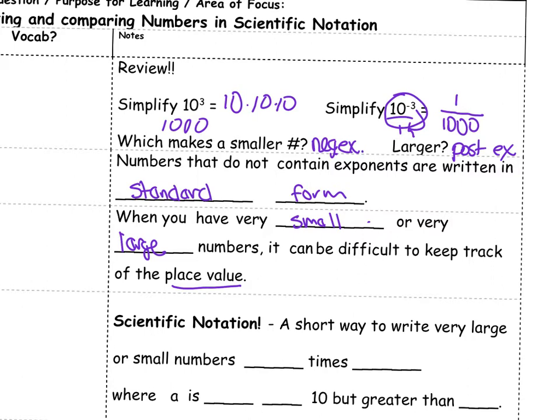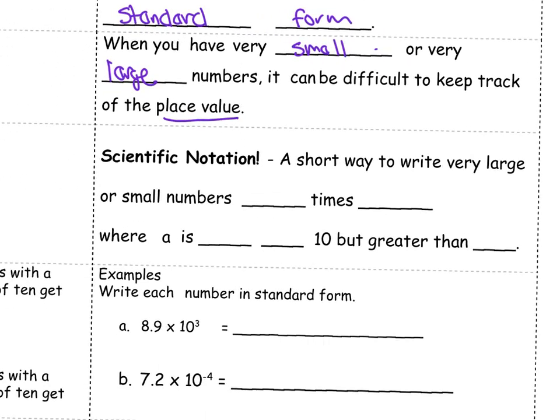So it is the application to exponents and one of Miss Egan's favorite things in the whole world. So scientific notation, again, is just a short way to write very large or small numbers.